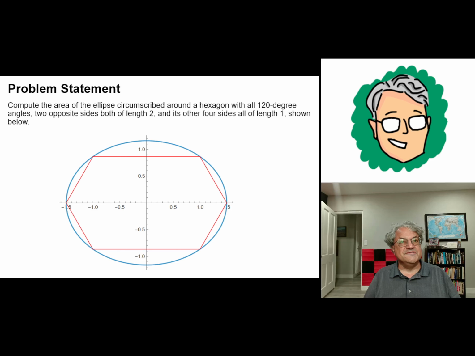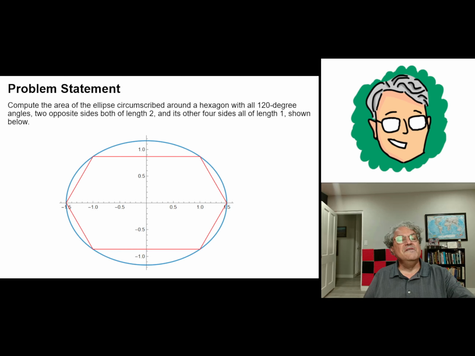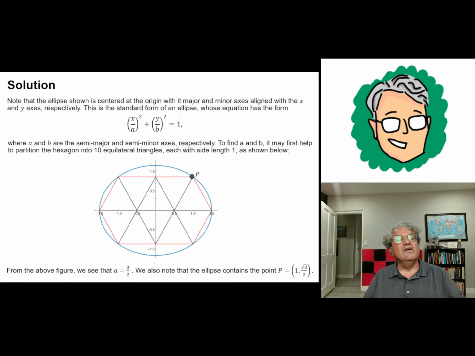In other words, as long as it's longer along the x-axis than along the y-axis, the equation of this ellipse has the form (x/a)² + (y/b)² = 1, where a is the length of the semi-major axis, in other words, half the length of the major axis, which in this case is 3/2 or 1.5. We don't know b yet, so we have to find b before we can compute the area. Then we can use the formula for the area of an ellipse, which is just pi times a times b. But first we have to get b.